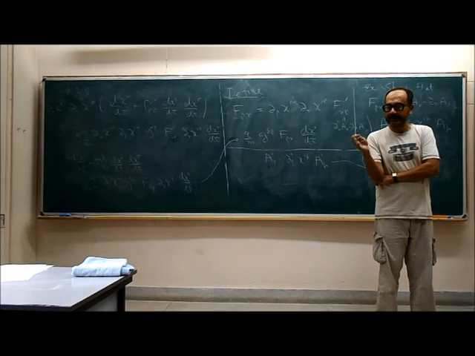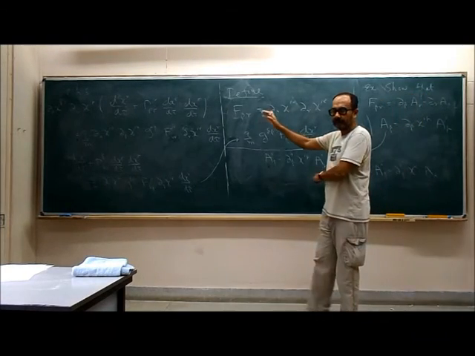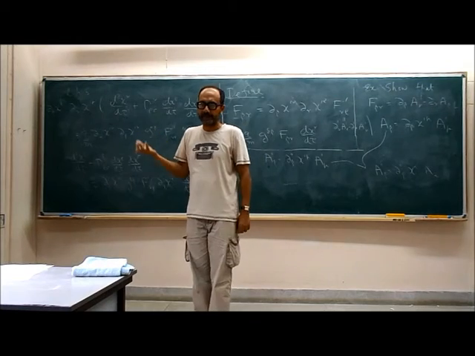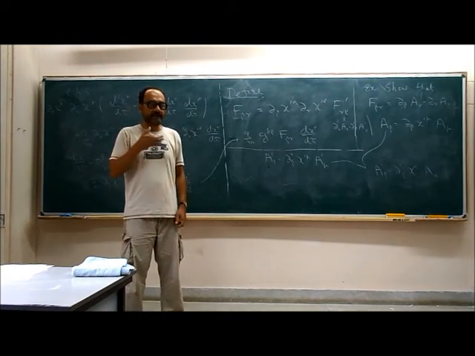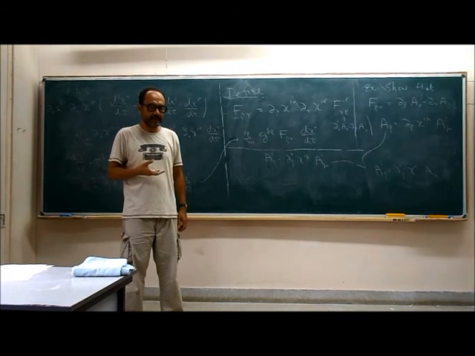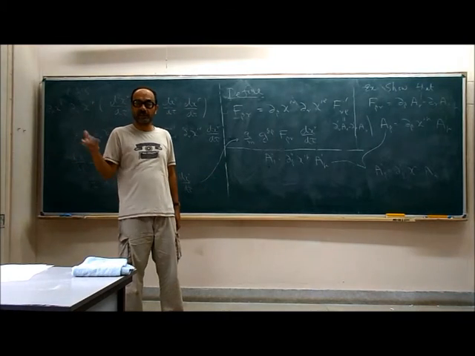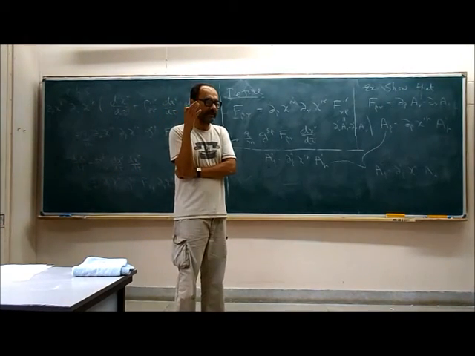Now this is to be distinguished from f mu. The f mu that somebody said transforms as a vector was not a vector field, because in general f mu, the force on the particle, is defined only on the trajectory, and it doesn't make sense to talk about the force on a particle away from the trajectory. Suppose the force is because of some engine that is driving the particle.